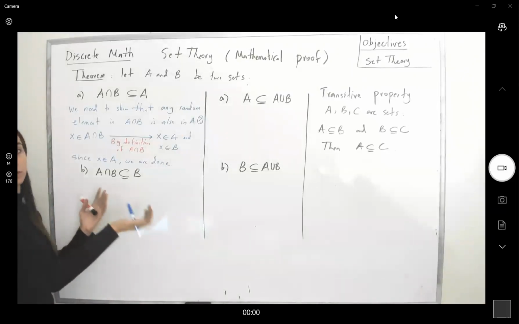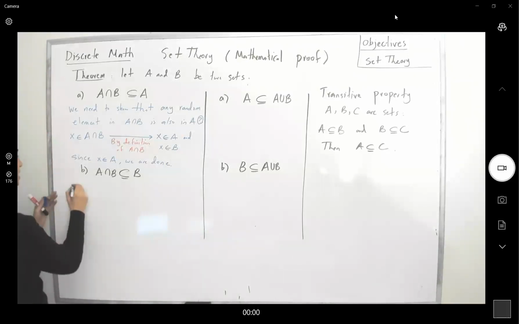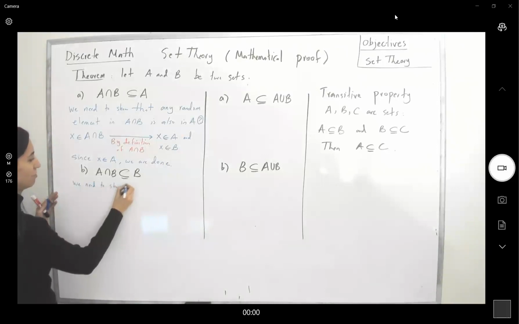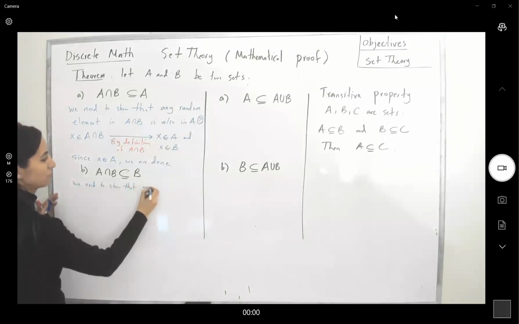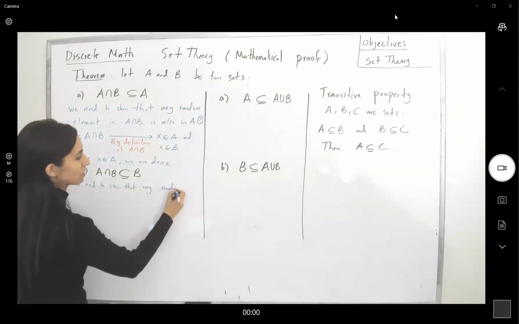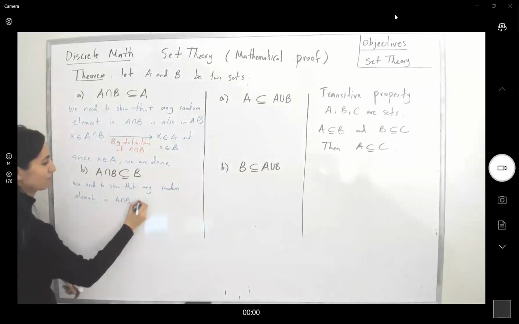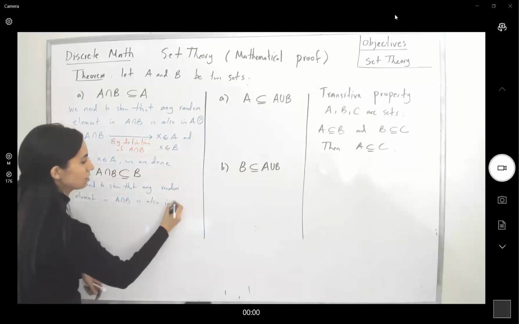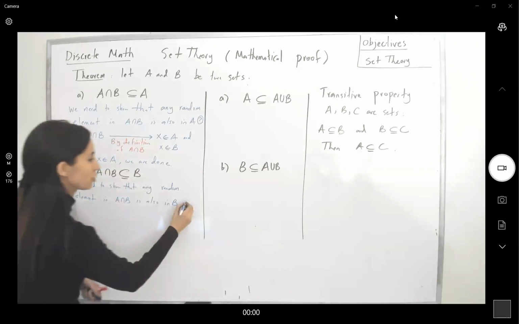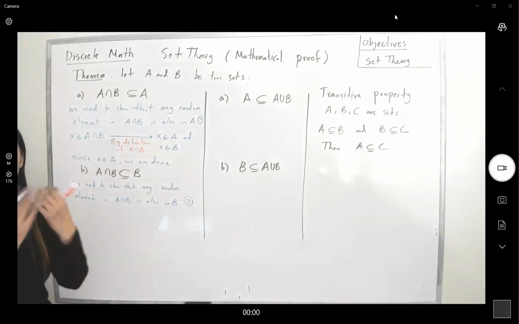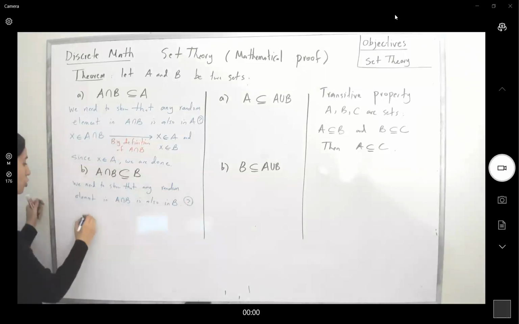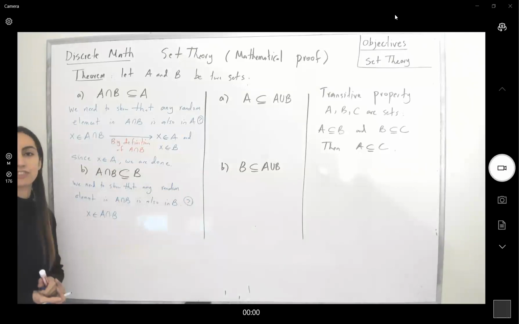What about this one here? The same process, the same argument. We need to show that any random element in A intersection B is also in B. How do we show that? To show that, you need to take a random element in A intersection B. Suppose X is a member of this intersection.